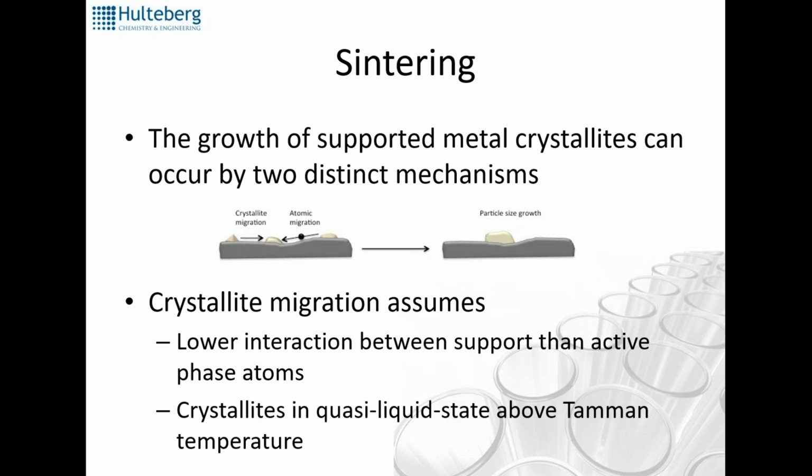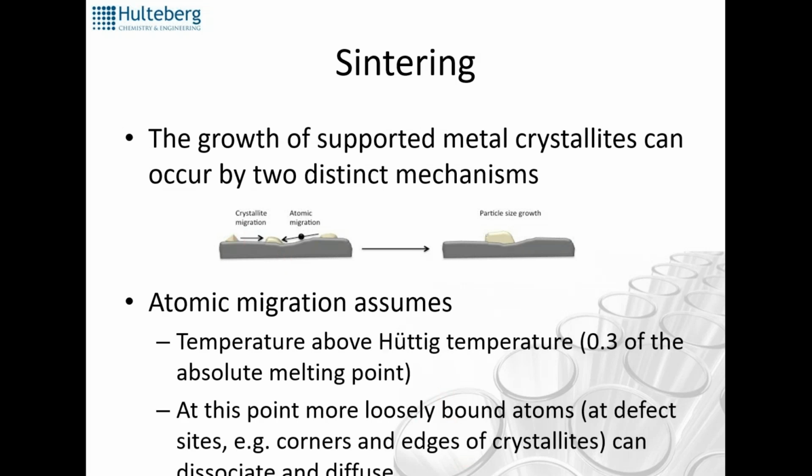And for atomic migration, a lower temperature is required. You need to go to about 30% of the absolute melting point, which we call the Hüttig temperature.